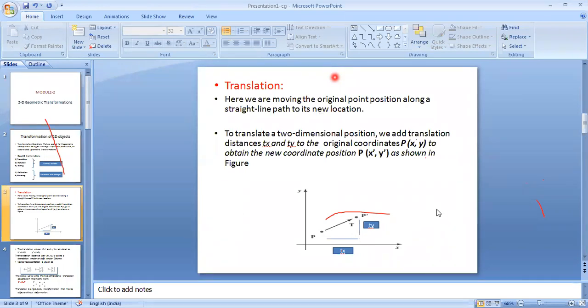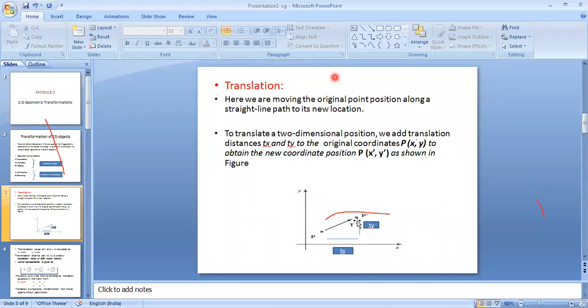Whenever I say point P, it contains an x coordinate and a y coordinate. If my original coordinates are P(x, y), then I need to obtain the new coordinate position P(x dash, y dash).